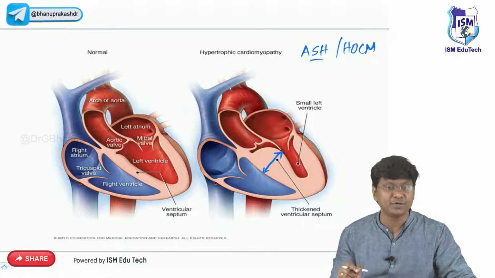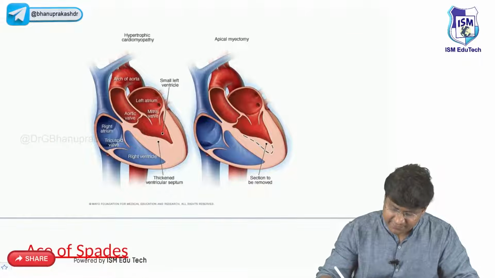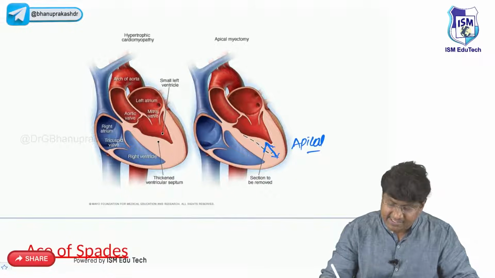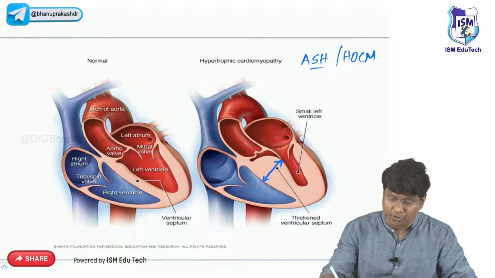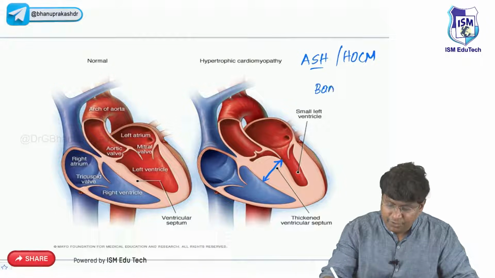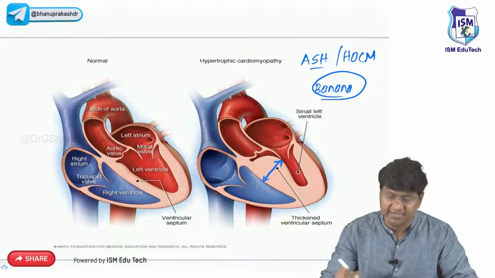And this particular hypertrophy need not be only at the level of the septum. The hypertrophy can be even at the level of the apex. So that is the reason why this is also called the apical hypertrophy. So remember, in case of hypertrophic obstructive cardiomyopathy, the LV lumen will be a banana-shaped left ventricle.